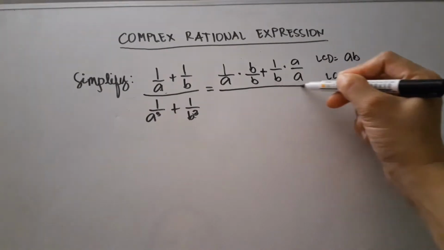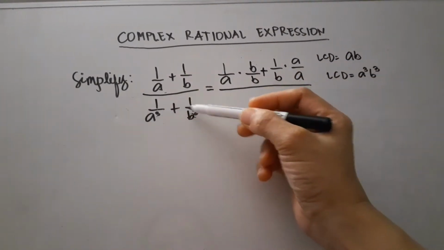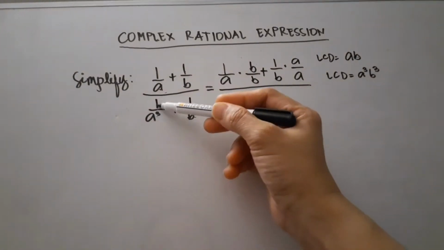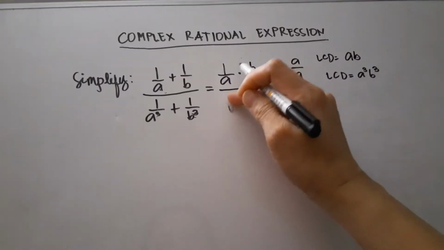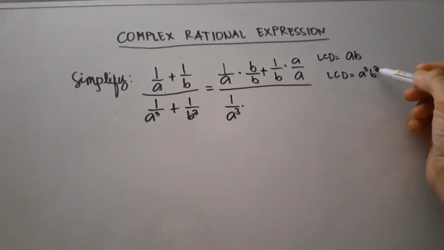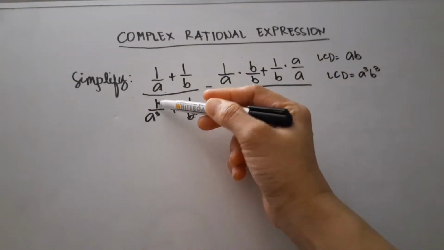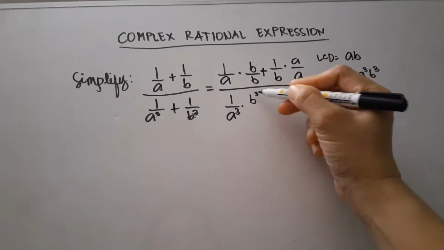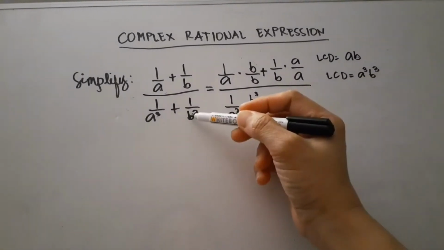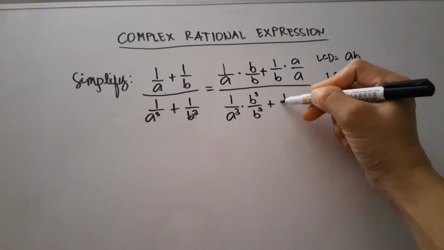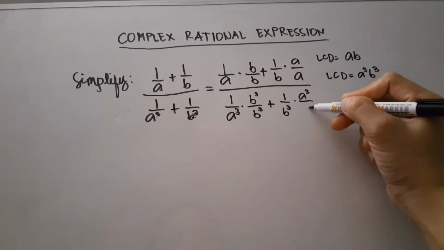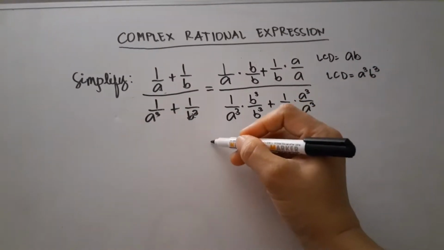And then next, we have the denominator, we multiply the least common denominator by each fraction, so since a cube b cube divided by a cube is equal to b cube, we multiply 1 over a cube times b cube, plus a cube b cube divided by b cube becomes a cube, so 1 over b cube multiplied by a cube.